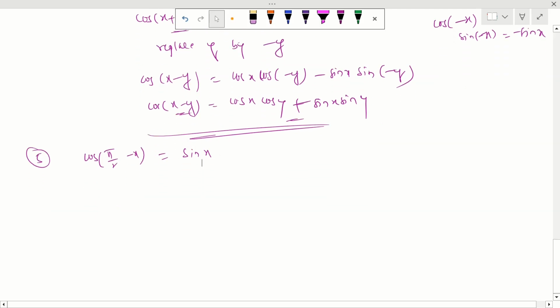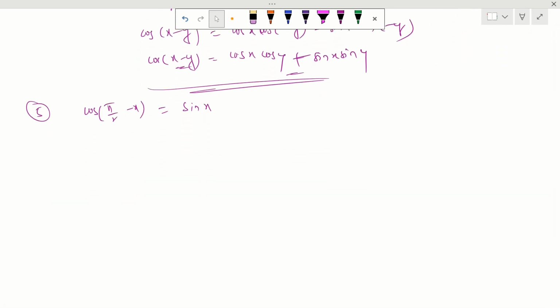So here we replace x and y in the formula. We need to prove this one.